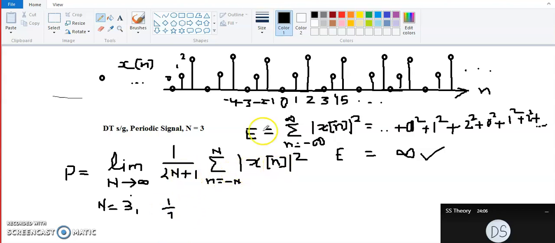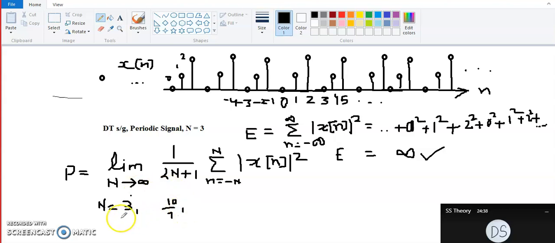And from -3 to 3, this will be 1 square, then 2 square is 4, 1 plus 4 is 5, and similarly here it will also be 5. So 5 and 5 will be 10. So it will be 10 by 7. If N is 3, this summation will be 10 by 7.